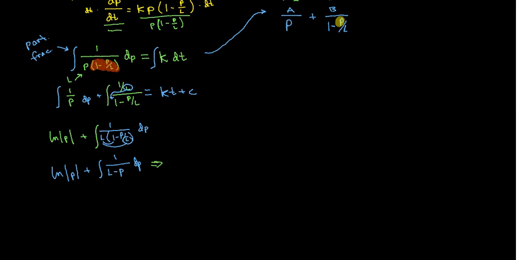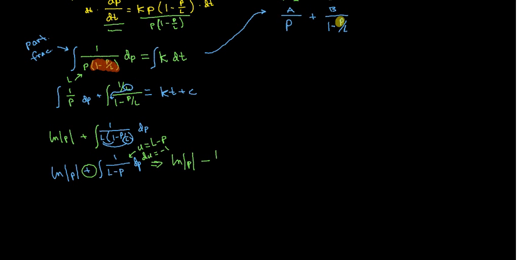Alright, I'm going to put my natural log of the absolute value of P again. Don't want to forget that. Here I'm going to make u equal to L minus P. du is equal to, here you have to remember P is our variable, not L. L is just a number. So that is going to be -1. So instead of having a plus, we're now going to have a minus because of that du.